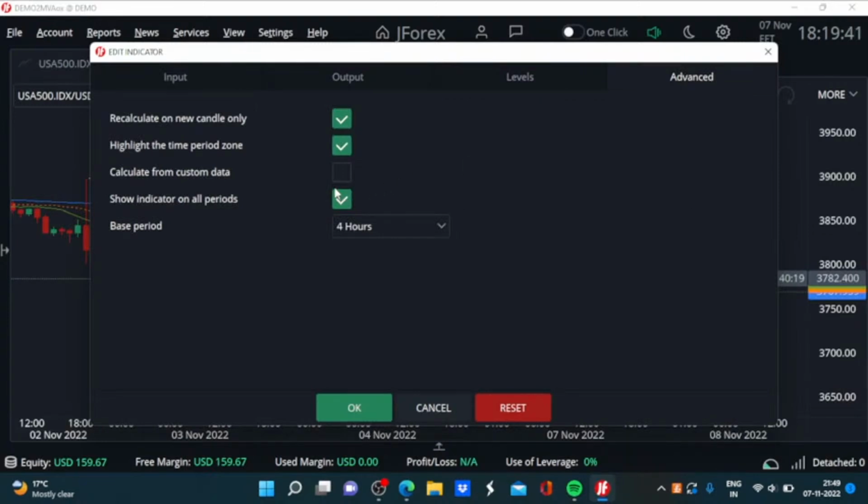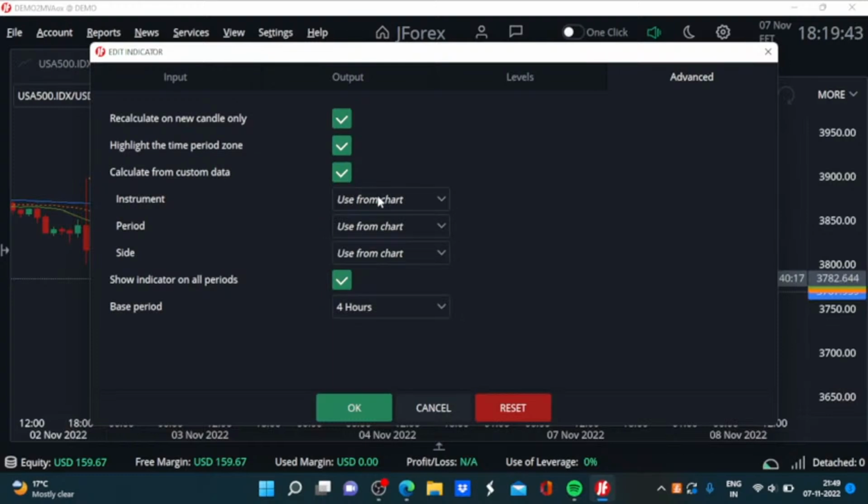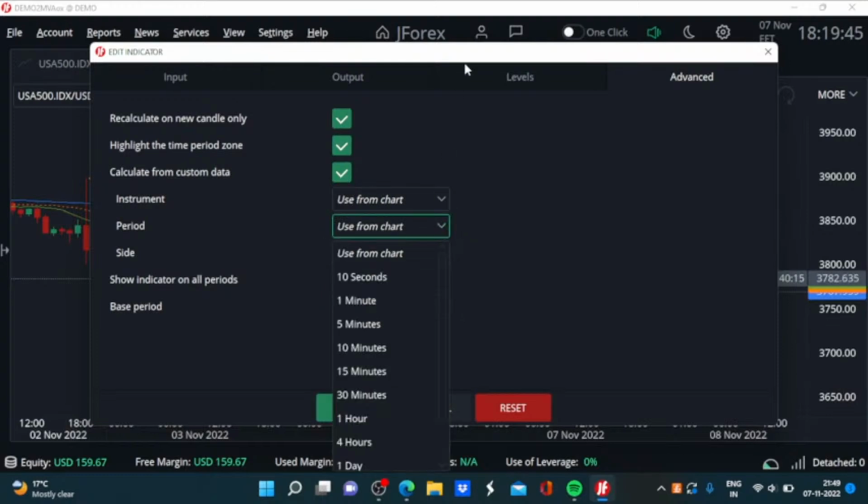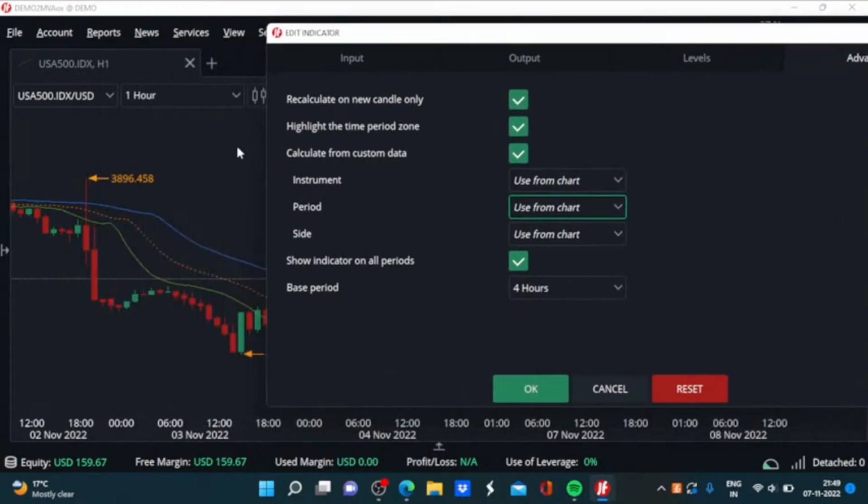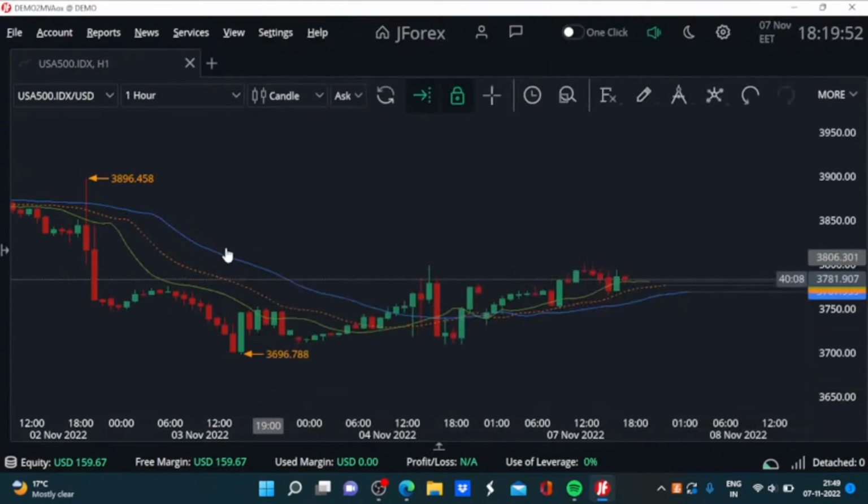draw the inference. Coming to the further customization, the candle period can also be customized. You can simply use it from the chart. Now that we have the candle period defined at 1 hour for the charting purpose, the calculation period is also hourly. Each calculation period has been taken with the interval of 1 hour.